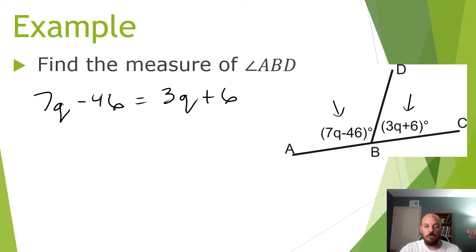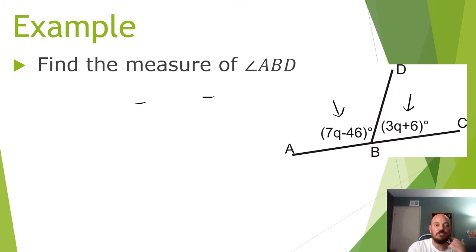Now you might do the work and solve for q, but the answer you get is wrong. Because right off the bat, you said those two angles are equal. Those angles aren't equal. I can tell the one on the right's a lot smaller than the one on the left. So that's not the work you want to do for this. Don't fall into that trap of automatically, when you see two things in a picture, saying this one's equal to that one, and you solve. That's not the case here.